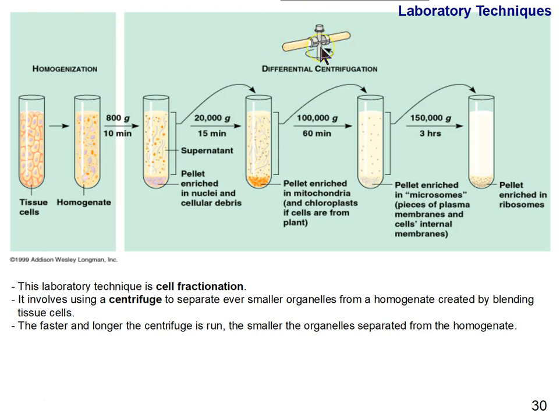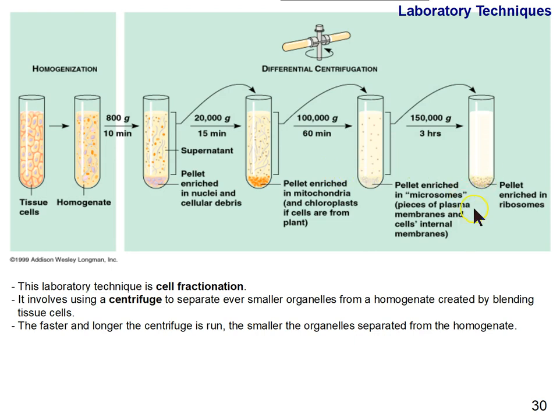And the faster you spin it and the longer you spin it, the smaller the components of cells that will be separated out. So if we spin it relatively slowly for a relatively short period of time, then the largest chunks of cells, the largest components of cells, will end up in the pellet at the bottom of the centrifuge tube or the test tube. If we spin it a little bit faster and a little bit longer, then we get even smaller organelles at the bottom of the centrifuge tube.